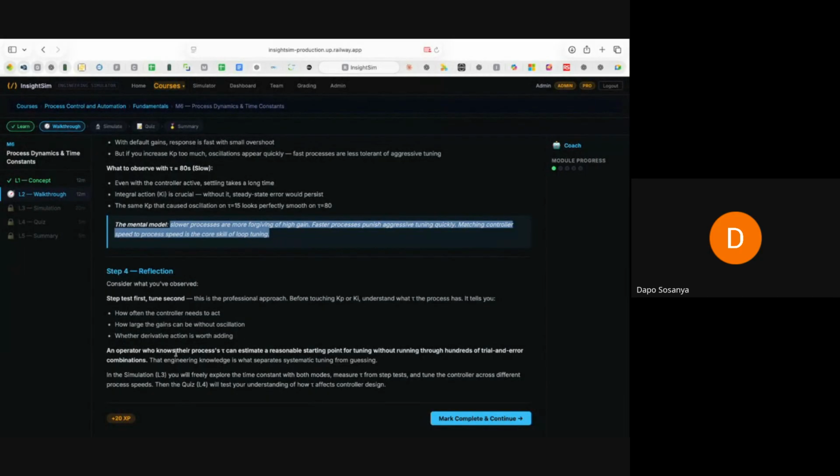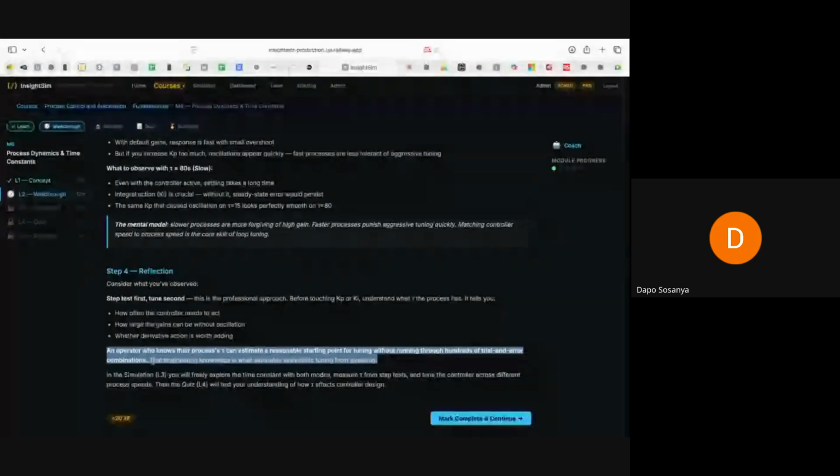An operator who knows their process time constants can estimate a reasonable starting point for tuning without running through hundreds of trial and error combinations. That engineering knowledge is what separates systematic tuning from guessing.